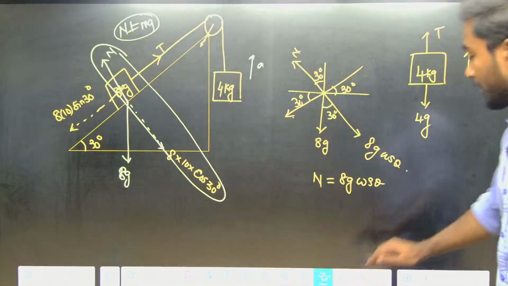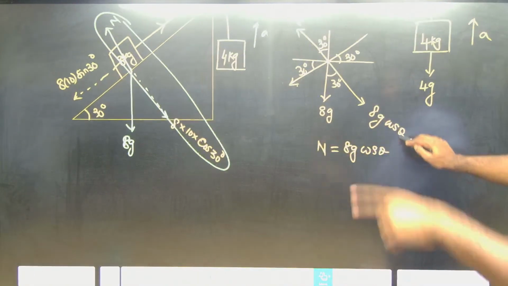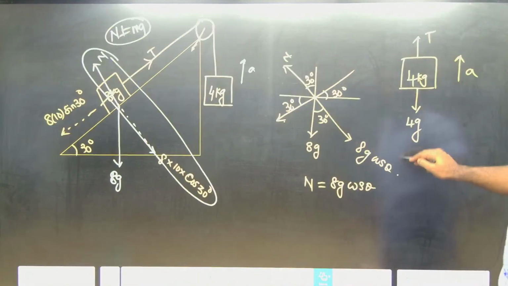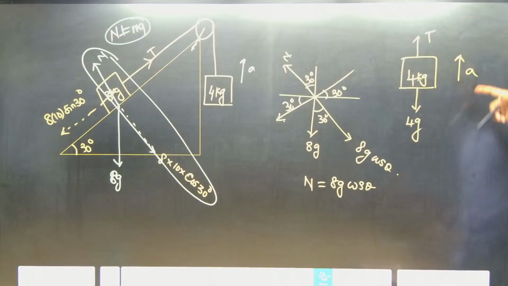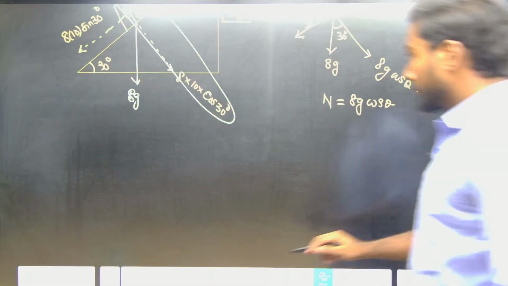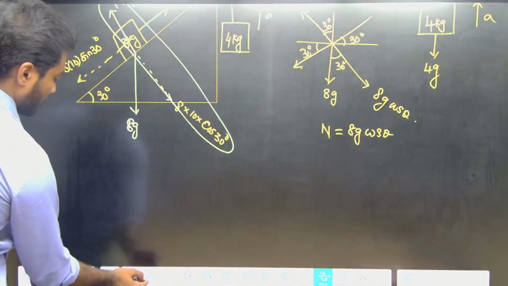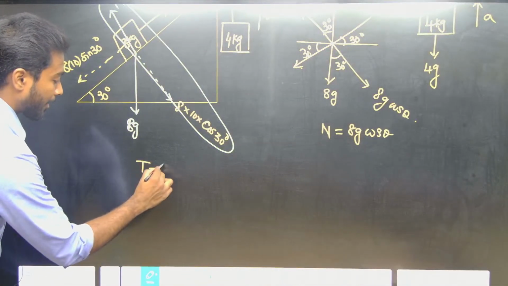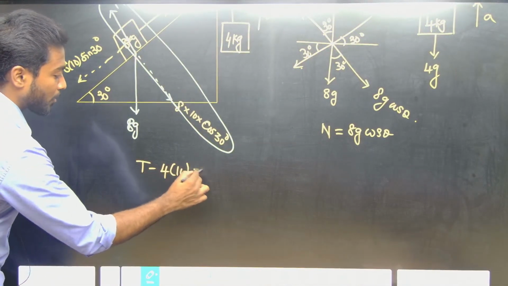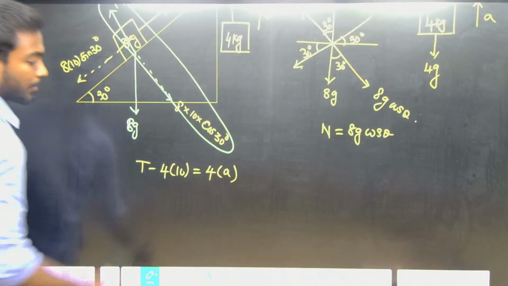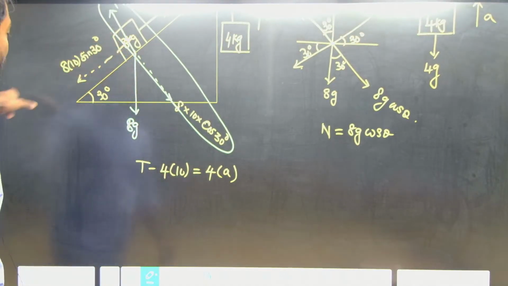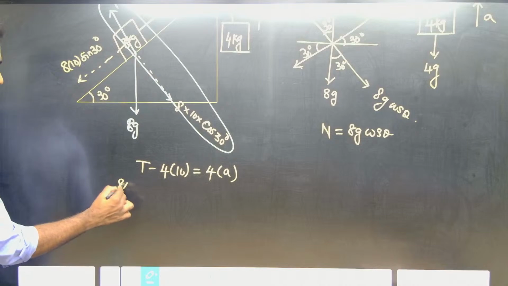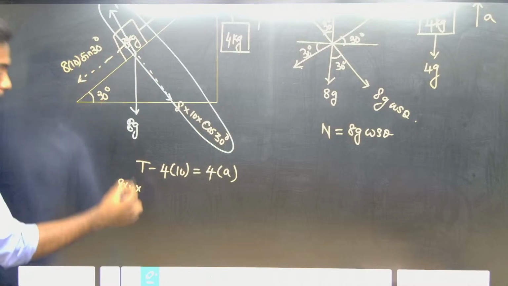Now what will be the free body diagram and what will be the equation I can write there? For this, the equation is T minus 4g equals 4a. T minus 4 into 10 will be equal to 4 into a. Got it? And what about this one? 8 into 10 into sin 30, which is 1 by 2.